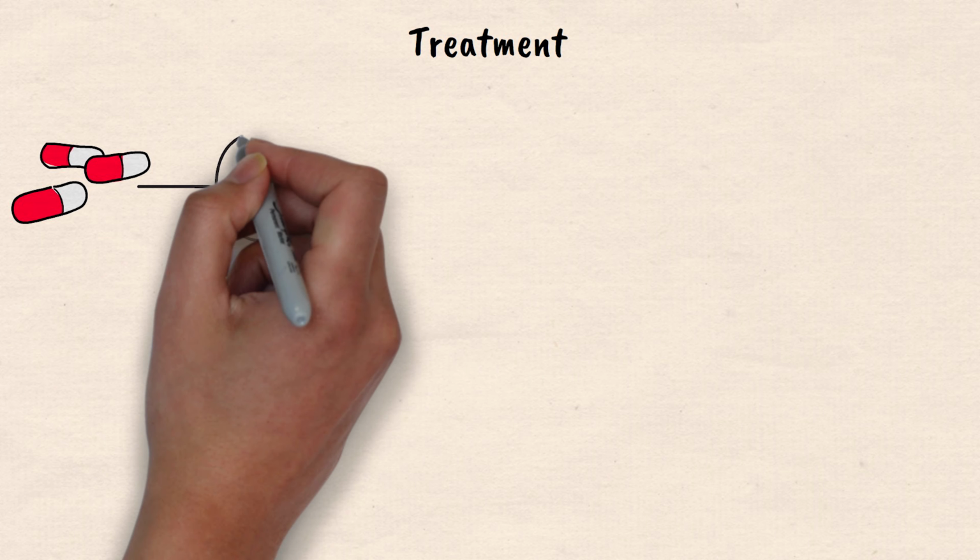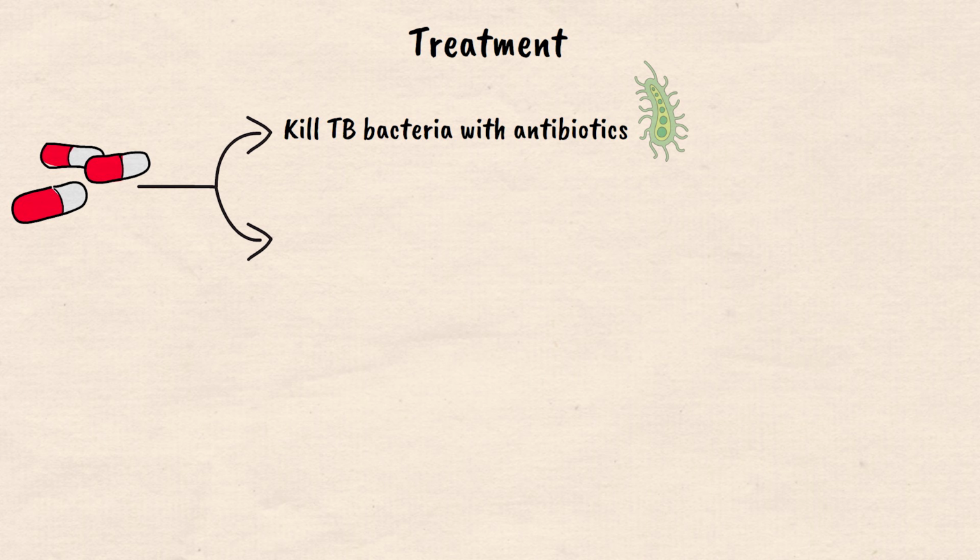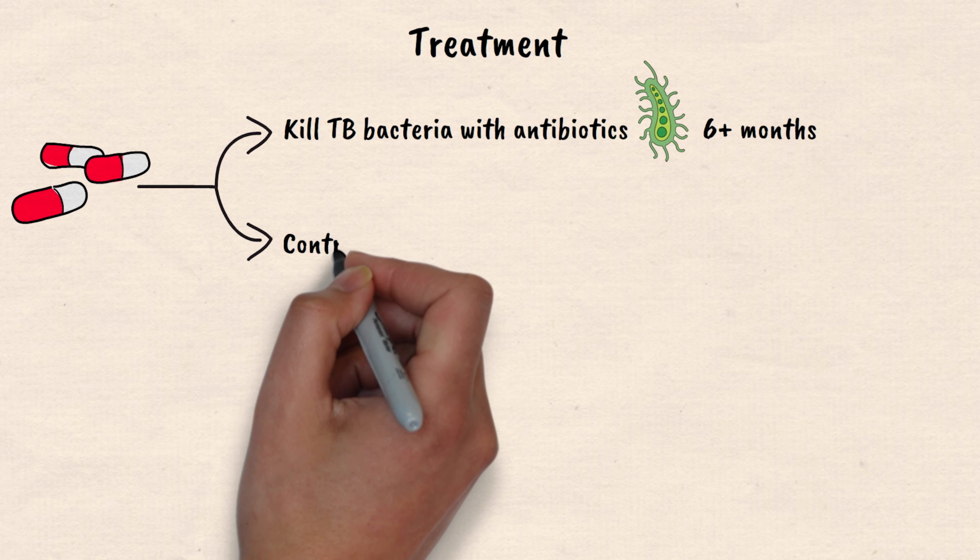Treatment of ocular tuberculosis has two main goals. The first goal is to kill the TB bacteria throughout the body using standard anti-TB medications. This is usually a combination of several antibiotics taken for many months, often 6 months or longer, depending on the case. The second goal is to control the inflammation inside the eye.